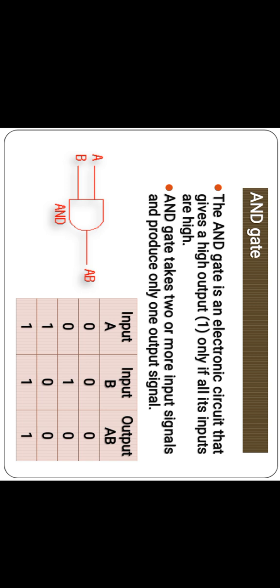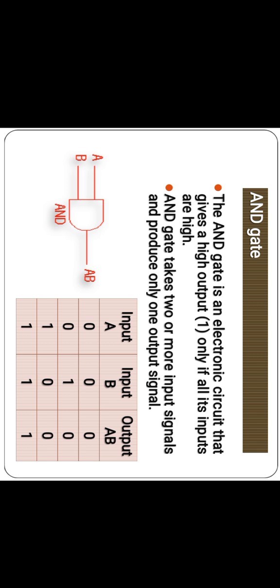An AND gate takes 2 or more input signals and produces only one output signal. The figure shows the logic symbol of the AND gate. Here A and B are the inputs and A into B is the output.